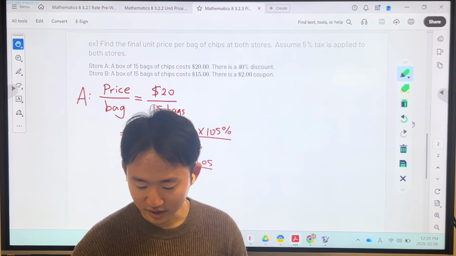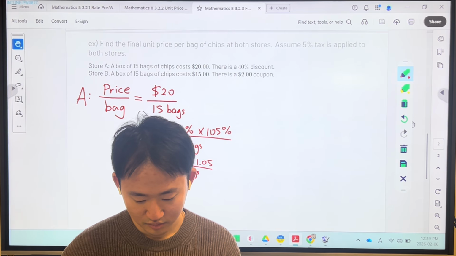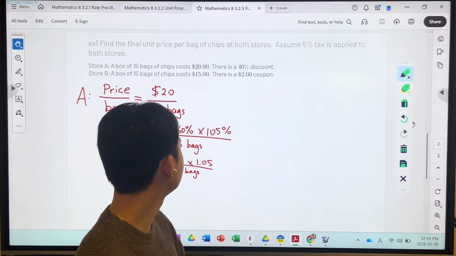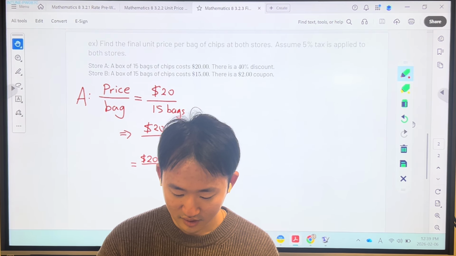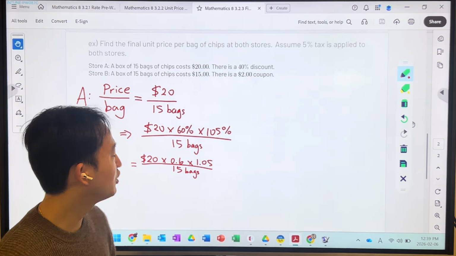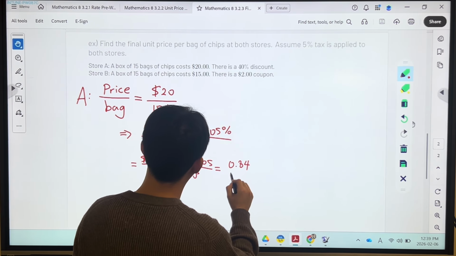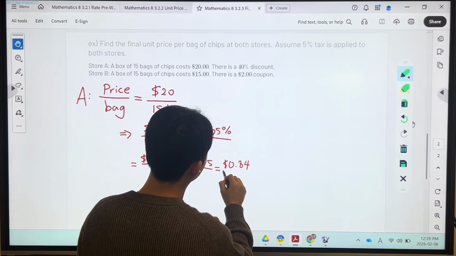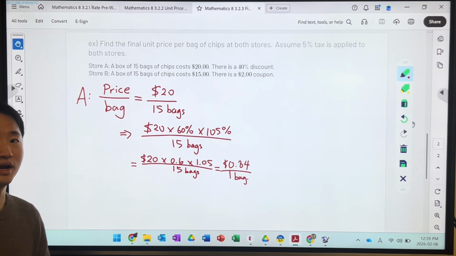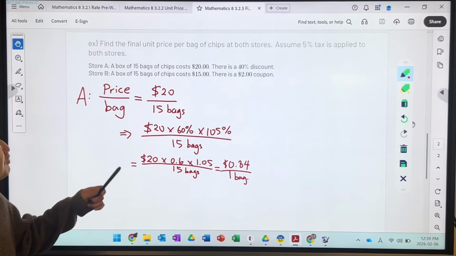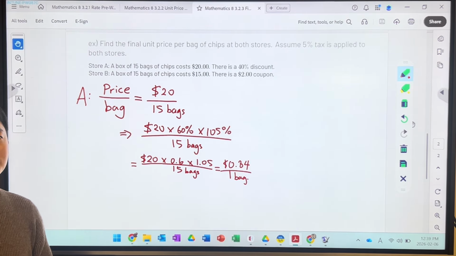And let's use the calculator. $20 times 0.6 times 1.05 divided by 15 is equal to 0.84 dollars per one bag. So we realize that the unit price of brand A, after all the discount and the tax, is 84 cents per one bag.